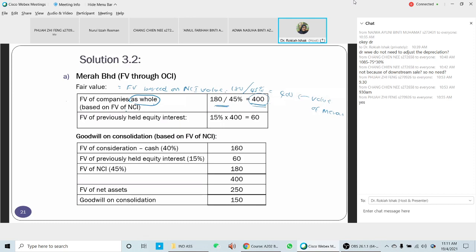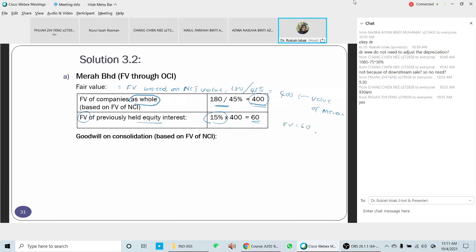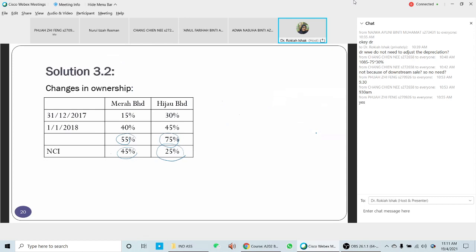And then you need to calculate the fair value of the company because you want to find the fair value of the previous equity held. For the previous equity held, you have 15%. So 15% times 400, you're going to have 60. From that amount, you already have the fair value of 60, and then you need to refer back to the carrying amount here.